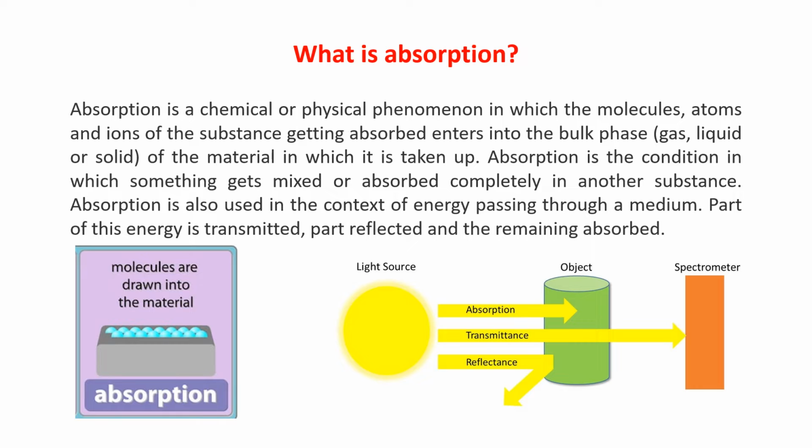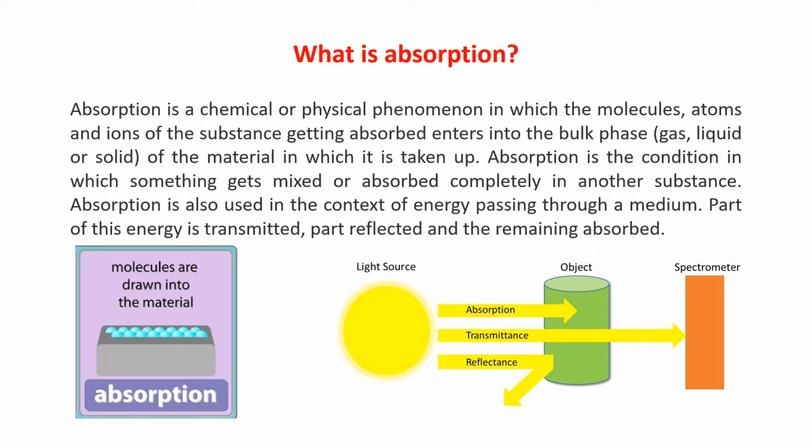Now let us see what is absorption. Absorption is a chemical or physical phenomenon in which the molecules, atoms and ions of the substance getting absorbed enter into the bulk phase of the material in which it is taken up.